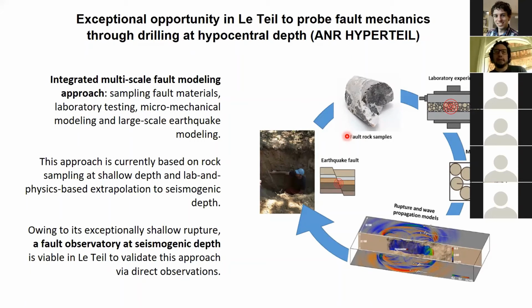So we have the opportunity to probe directly, by drilling a borehole, the seismogenic depth, meaning the hypocentral depth of this earthquake. That is one of the core motivations of the ANR Hyperteil, which I hope will also be funded, and then will grow into a larger European project to build an observatory at depth in Le Teil.